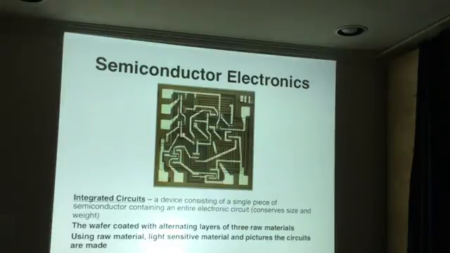This is truly a marvel of modern technology, to be able to make these circuits this way.